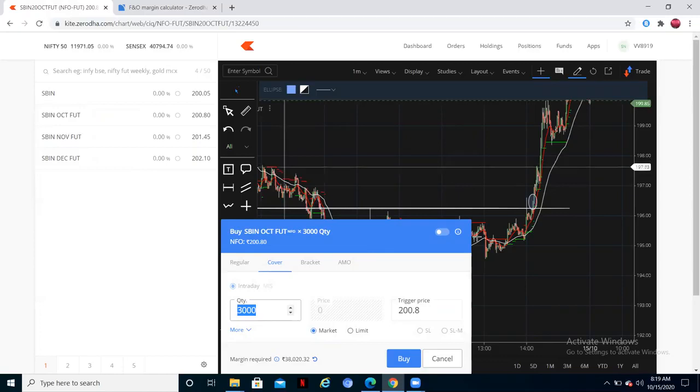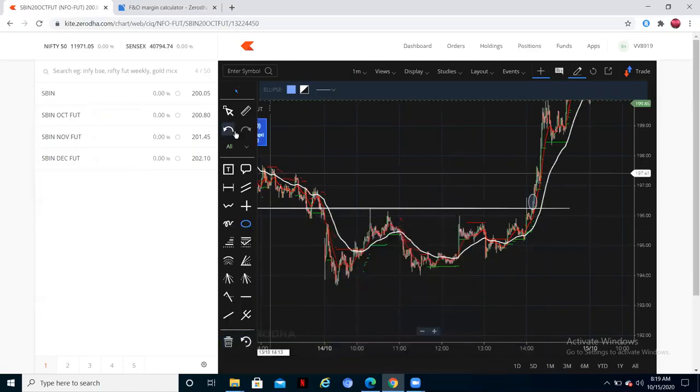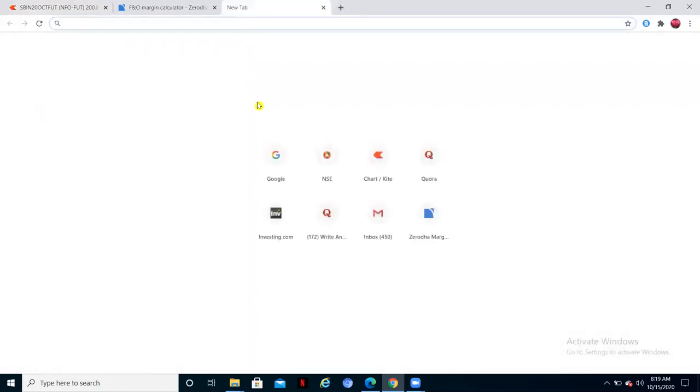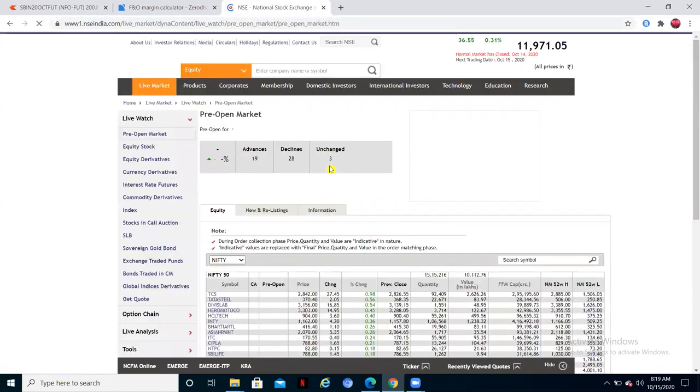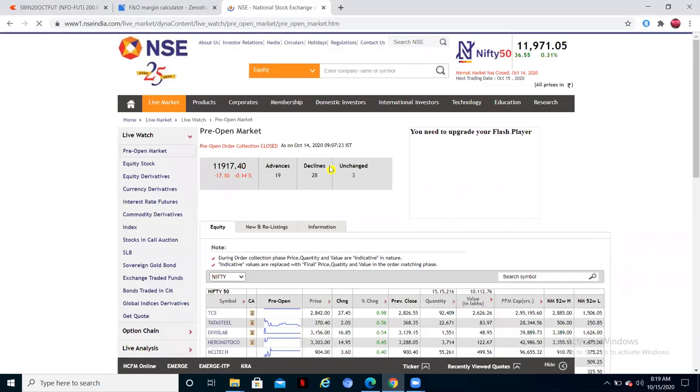That is, you will be selecting the stocks on the basis of sectors, on the basis of sectoral movement. Here you can see, you will open the NSE's website, and we are choosing the stocks on the basis of sectoral movement.